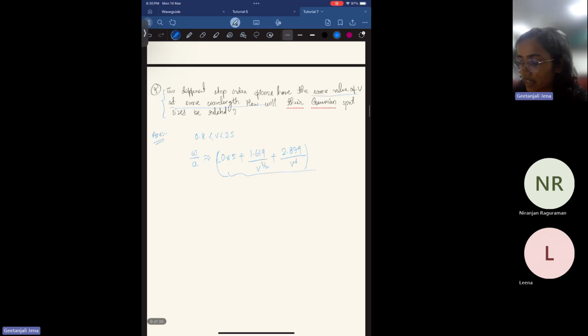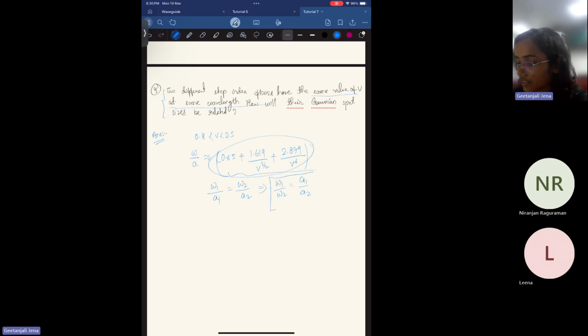Let us say the spot size in the first fiber is W1 and the core radius is A1. This will be equal to W2 over A2 because the RHS is equal. So W1 by W2 should be equal to A1 by A2.